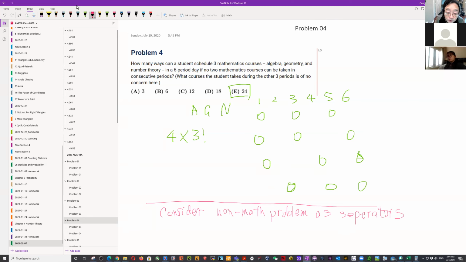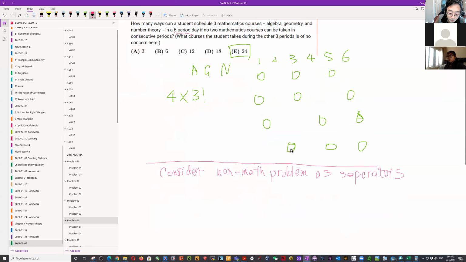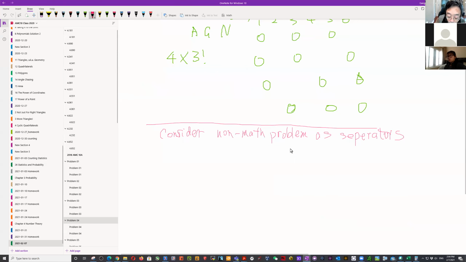We have a total of 6 periods, so 3 math and then 3 non-math periods, which are separators.